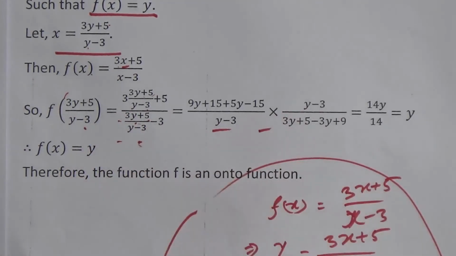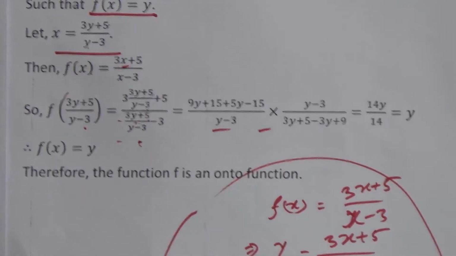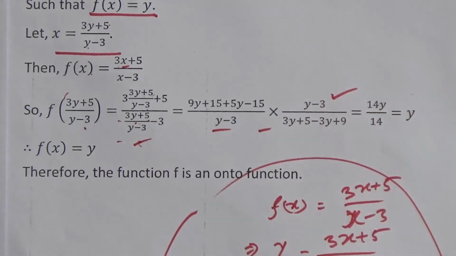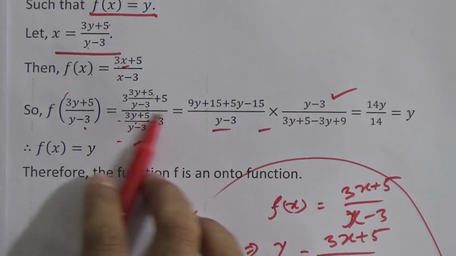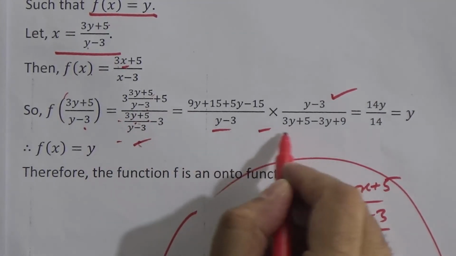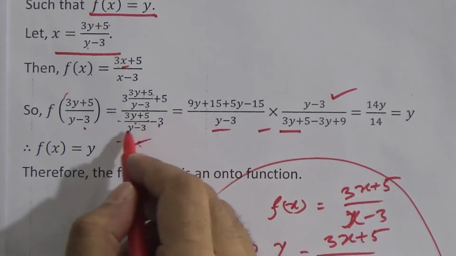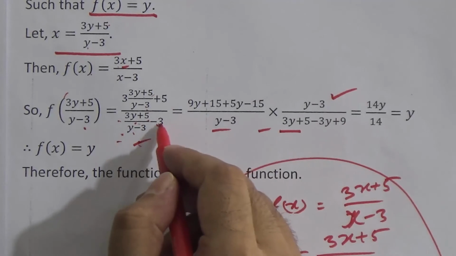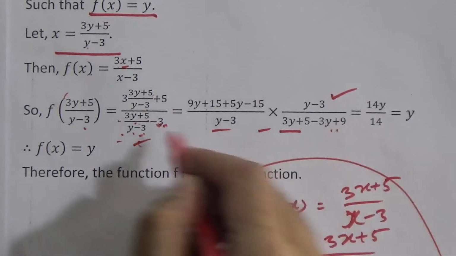Now do the LCM in the denominator as well, and here will be the fraction. As I have given here a division, this will be the reciprocal. So we can take y minus 3, the LCM, in the numerator, and when we calculate the denominator we get 3y plus 5, then minus 3 multiplied by y minus 3, which is 3y minus 3y, then minus minus is plus, 3 times 3 is 9.